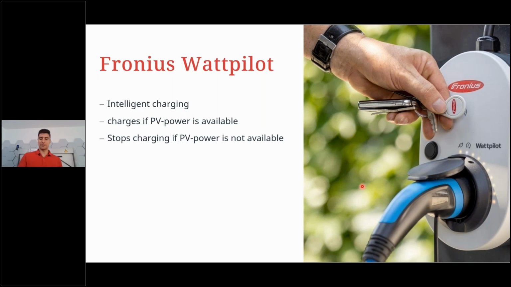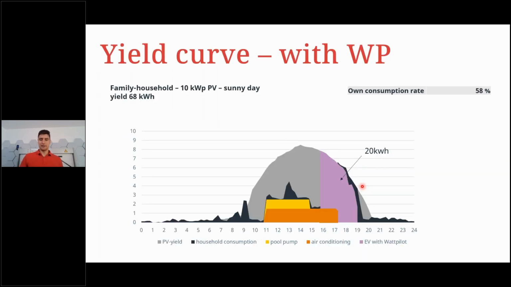So the Wattpilot tells our electric vehicle to stop charging when the surplus is used up, and so we can use exactly the surplus, but not more than this like before, and can save costs again.